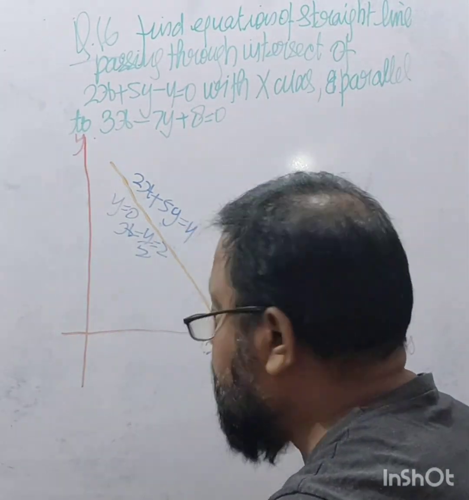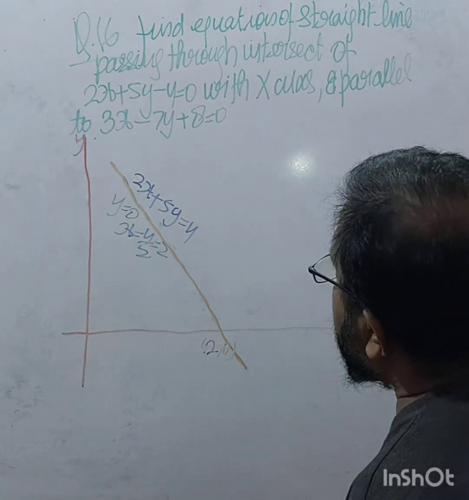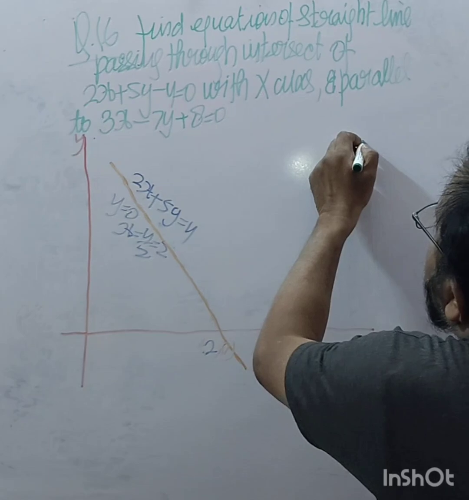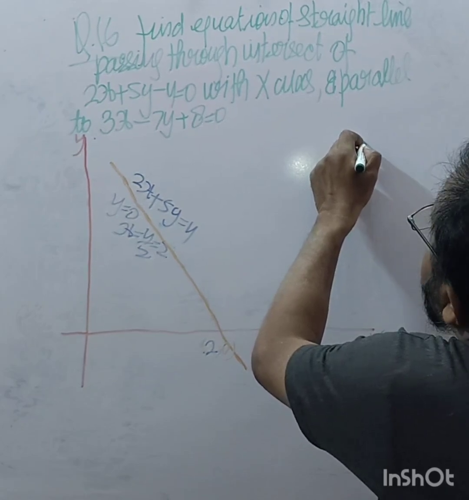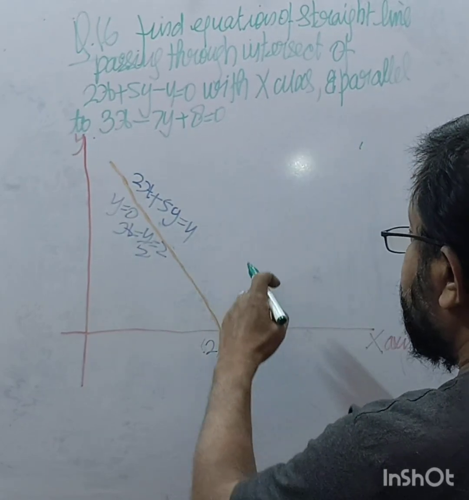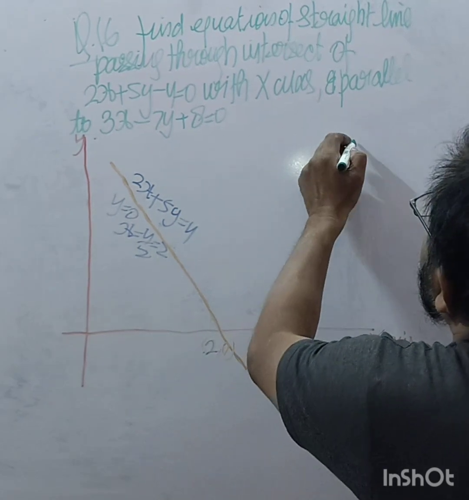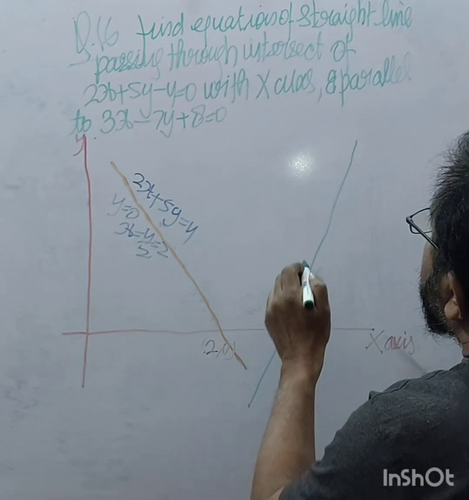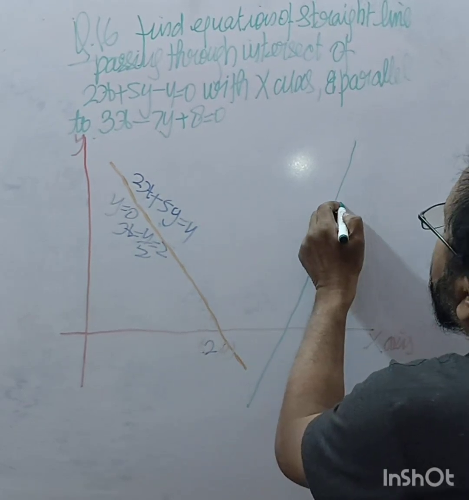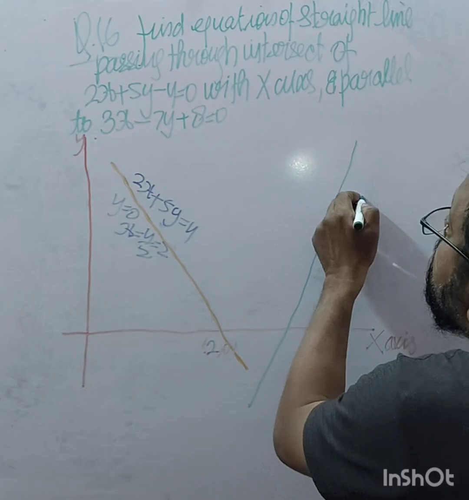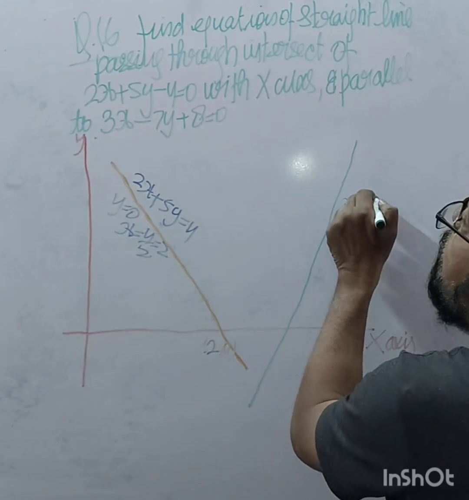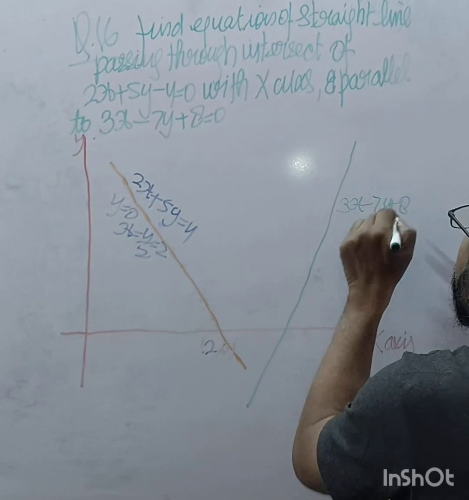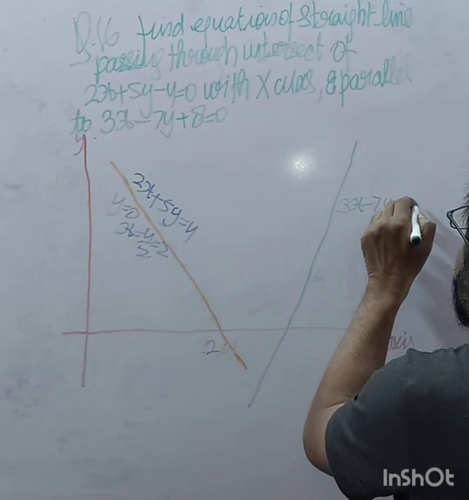Now you have a line. Its equation is 3x minus 7y plus 8 is equal to 0.